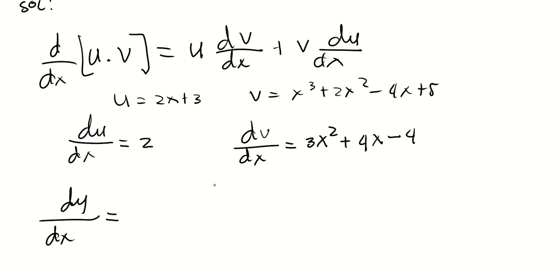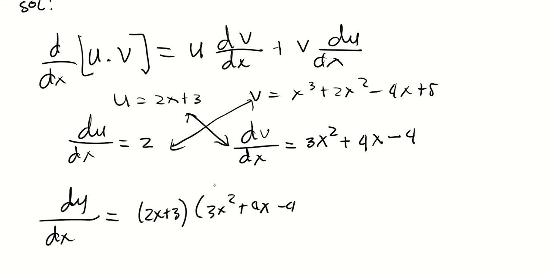So this will be equal to u, so 2x plus 3 times dv dx. So this one times this one plus this one times this one. Just cross multiply them. So times 3x squared plus 4x minus 4. Then plus 2 here times x cubed plus 2x squared minus 4x plus 5.